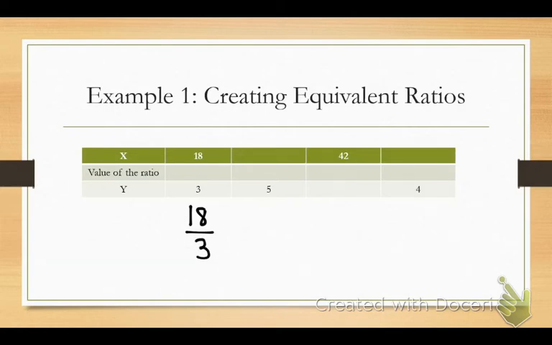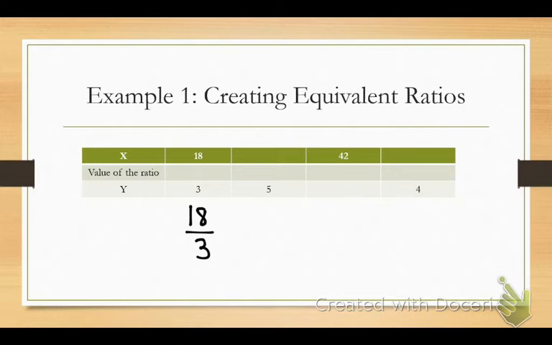So 18/3, which would be helpful if I unfroze the screen. All right, I want you to go ahead and pull that out and write it as a ratio. Okay, and remember what we said. How do you find the value of the ratio? You divide the first number by the second number in that order. So what is 18 divided by 3? 6.